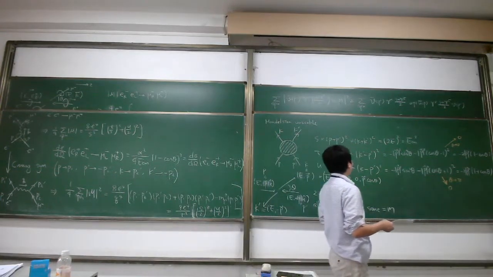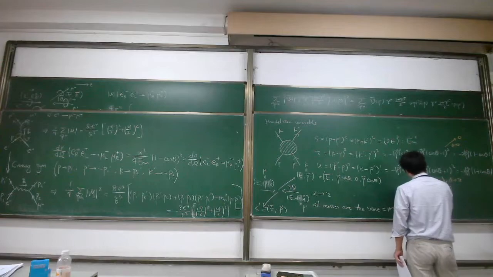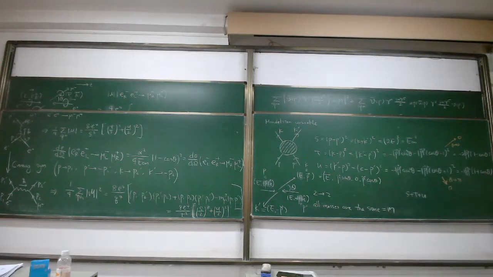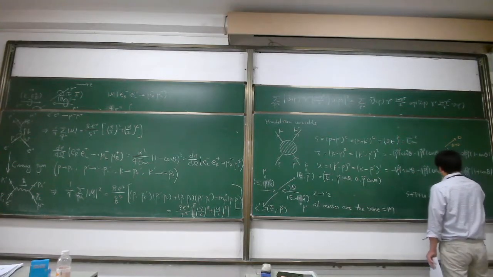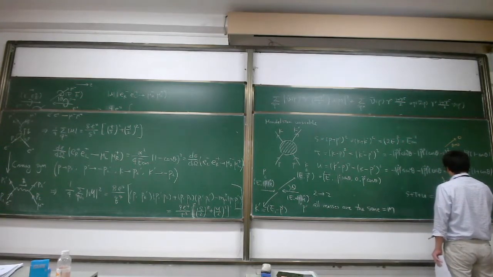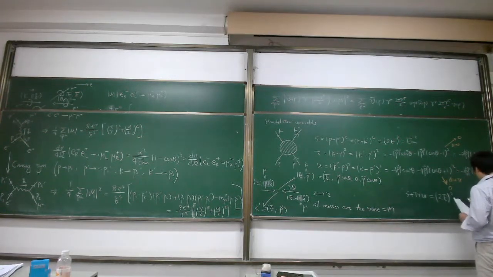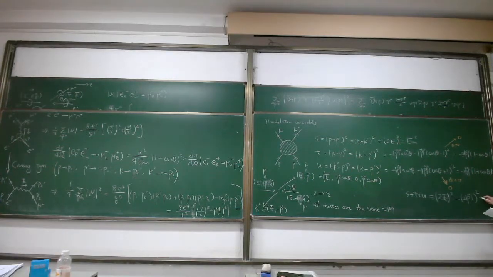And the important thing is that if you have s plus t plus u, and the signs cancel, then we know this is equal to 2e squared minus 2p squared, and we know this is equal to 4 times m squared.